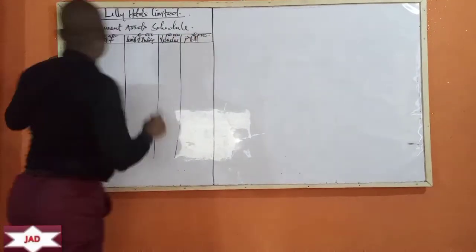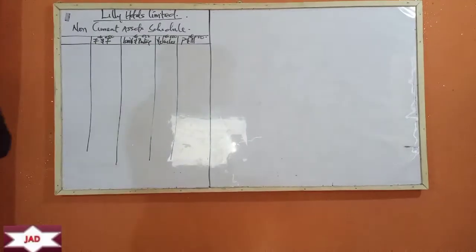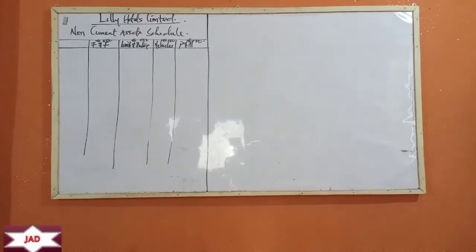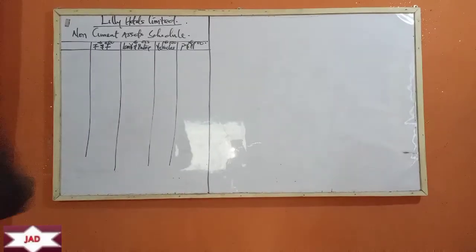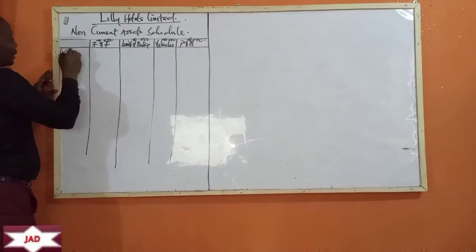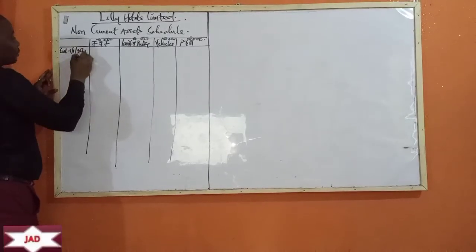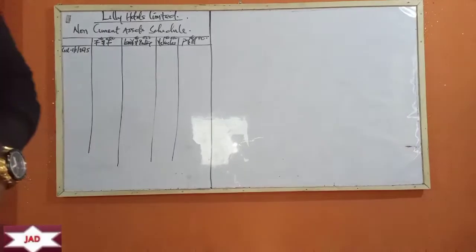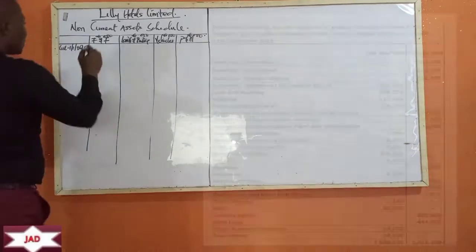Remember, this year end is 2015. So as at the beginning of 2015, costs as at 1st January 2015: what do you have for furniture and fittings and equipment at cost? 350 million.